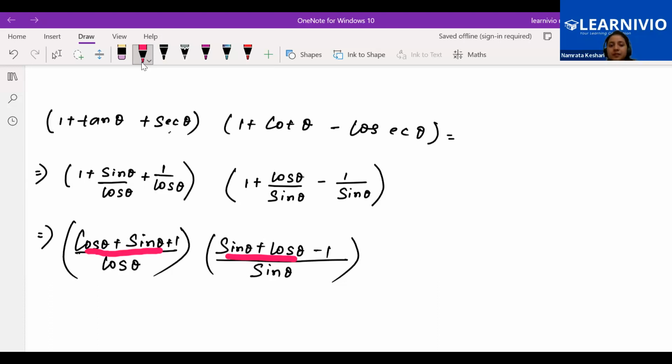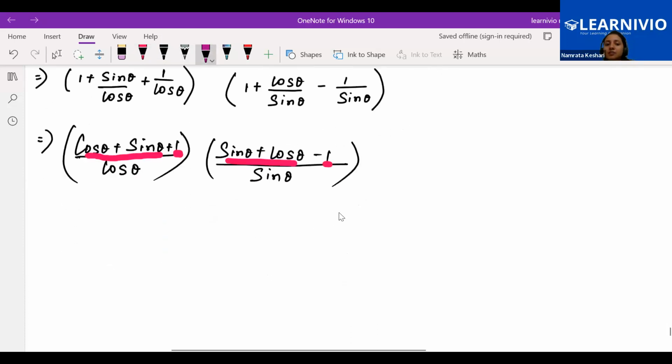See carefully: cos theta plus sin theta and then plus 1, cos theta plus sin theta, then minus 1. So this is A plus B, A minus B. That means can we write it as A square minus B square? Can we?